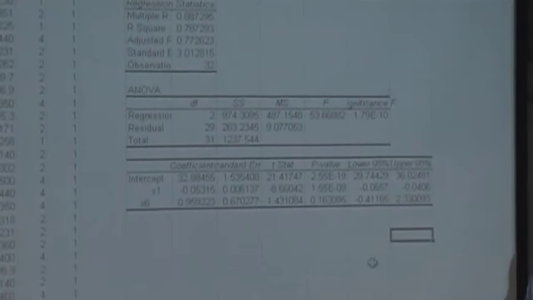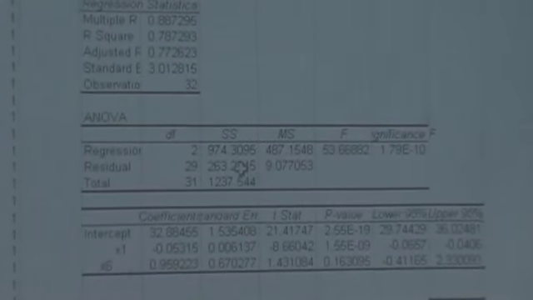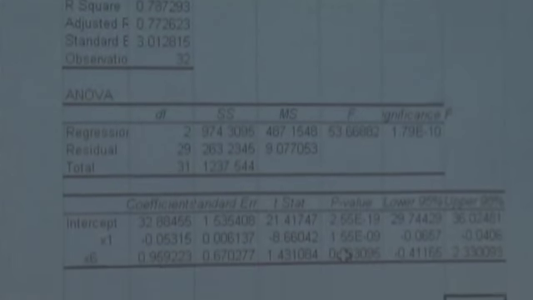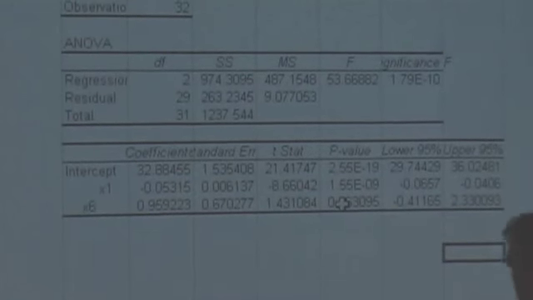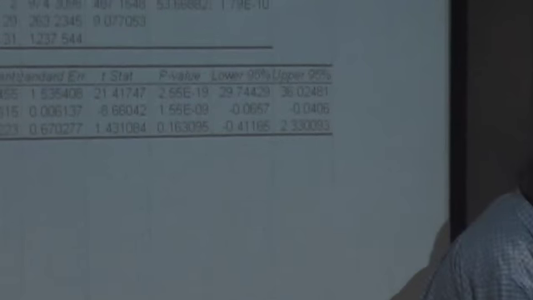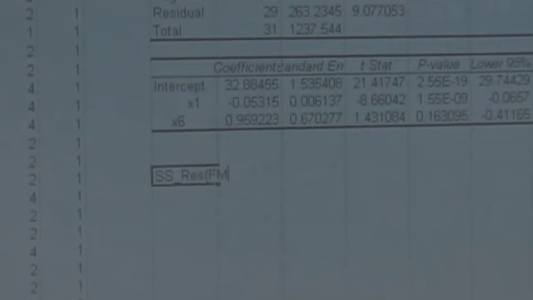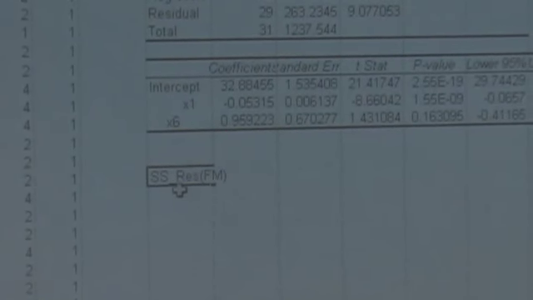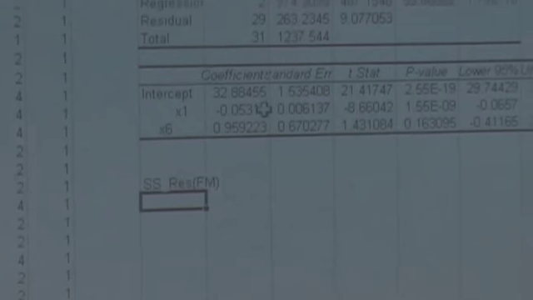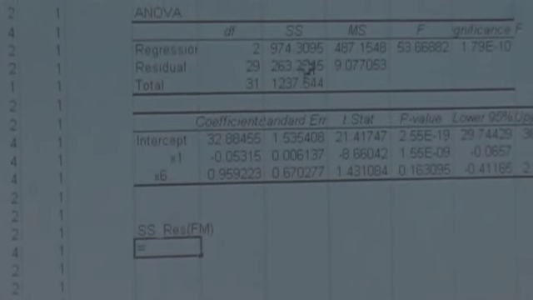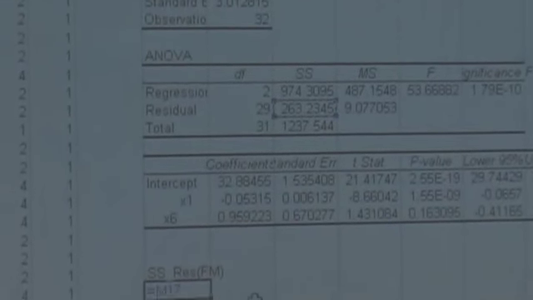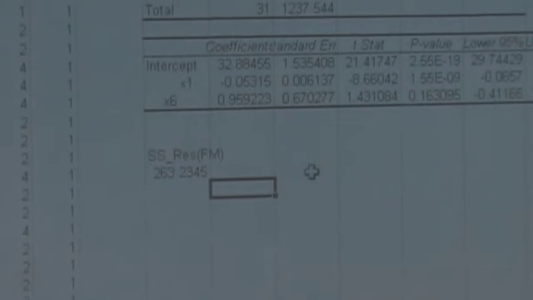All right. So there are 32 observations. Let's see. SS res was 263.235 and MS res was 9.077. Okay? So what we had was that SS res for the full model came down to be equal to this.